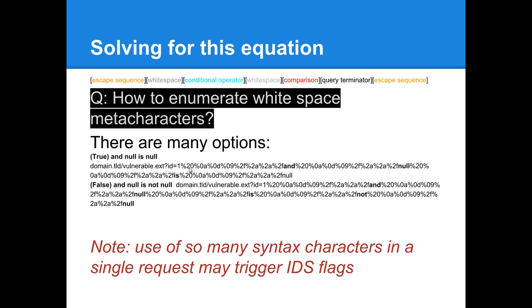You can test these all at once or test them individually, but you're testing for whether or not white space meta characters here are being stripped. And so the overall query is just going to be something, and you're injecting and null is null. I've bolded them and translated it up here. You can also do and null is not null, it really doesn't matter.